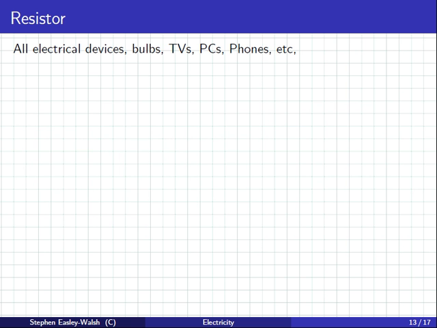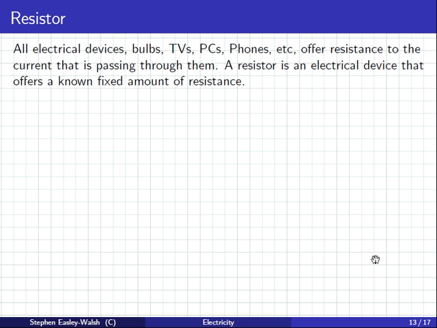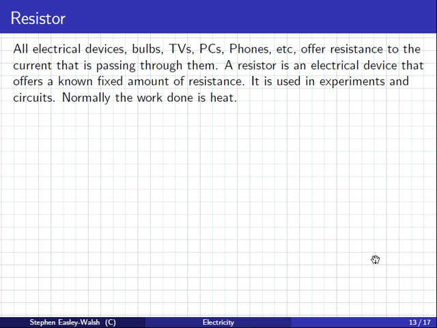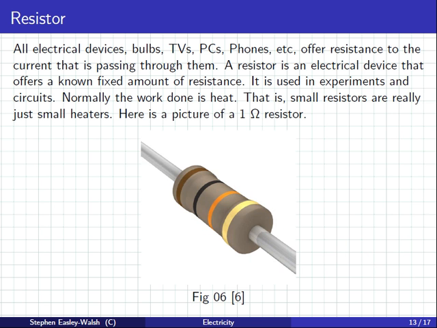All electrical devices have a resistance. I mentioned this at the start of the lesson, you remember. The TV has a resistance, everything has a resistance. A resistor is an electrical device that has a known fixed amount of resistance, and it's used in experiments and circuits. Normally the work done is heat, so small resistors are really just small heaters.